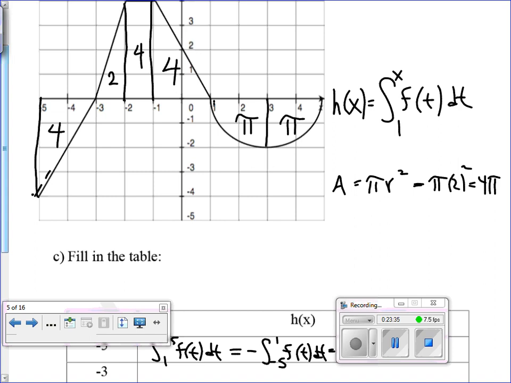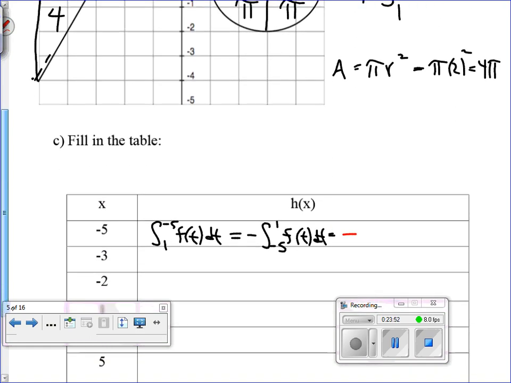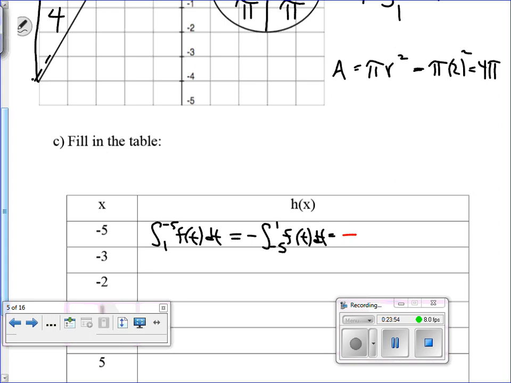So between -5 and 1, area above looks like it's 10, right? Because you have the 2, the 4, and the 4. Area below equals 4. So the value of the definite integral from -5 to 1 is 10 minus 4, which would be 6, but remember, we had to multiply by a negative. We had to switch them, so we get -6.